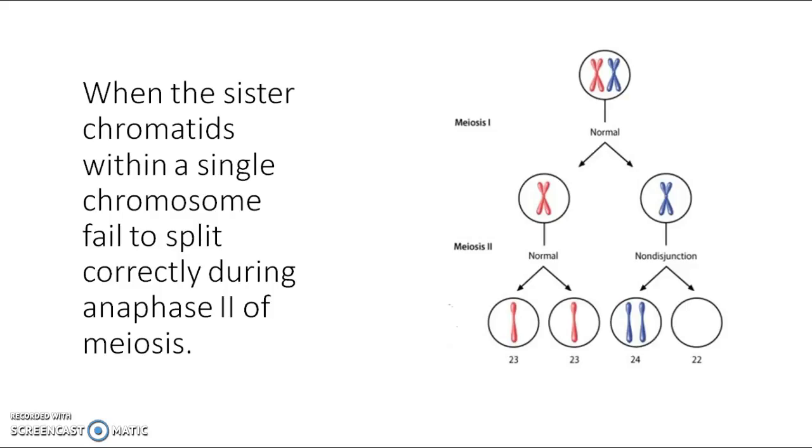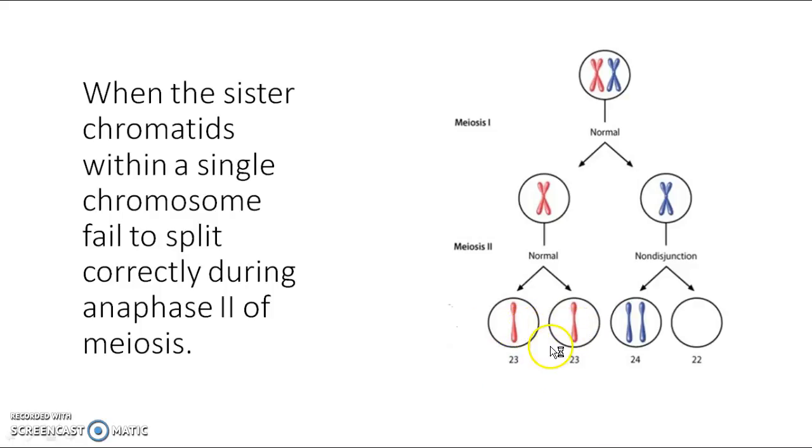Now this is showing non-disjunction during anaphase 2 of meiosis. So we see that meiosis 1 happens correctly to put one of the homologous chromosomes in a pair into this daughter cell and the other homologous chromosome in the pair into this daughter cell. We see meiosis 2 happening normally over here where the chromatids split and we have one unreplicated daughter chromosome in each daughter cell.